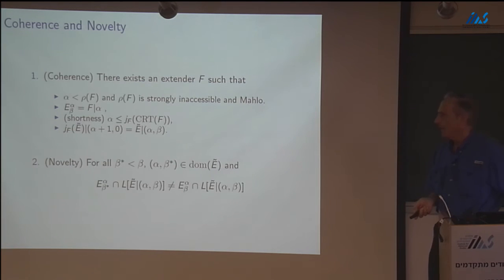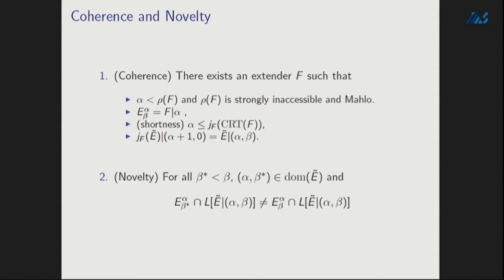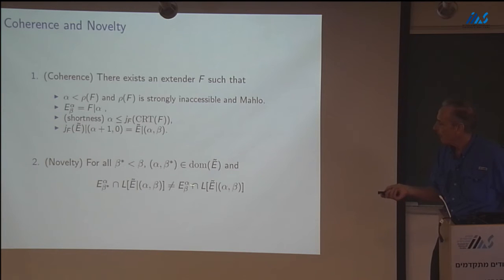Novelty, now we're blocking the adversary. If beta star is less than beta, and then alpha beta star is in the domain, you're not allowed to skip, and E alpha beta star intersect what we have so far has to disagree with E alpha beta with respect to what we have so far.